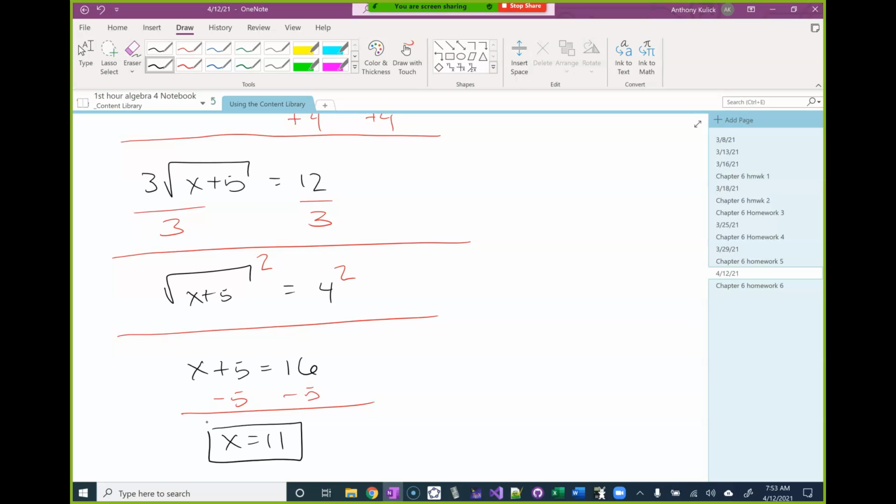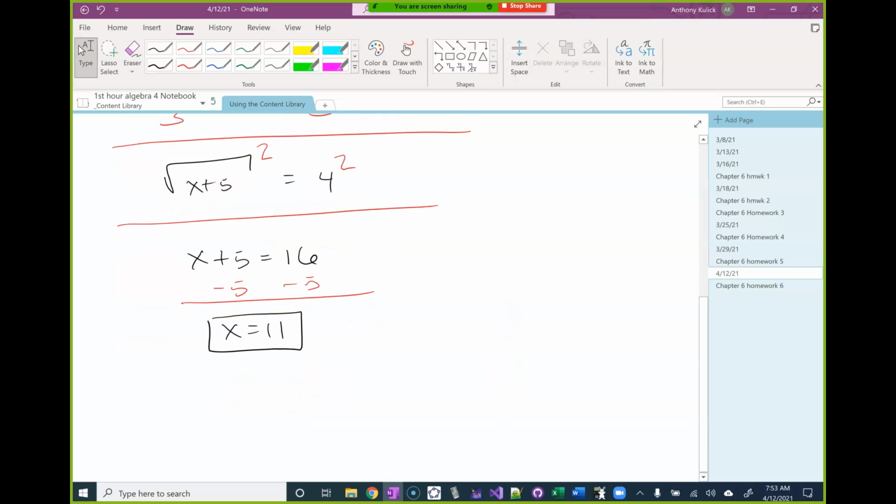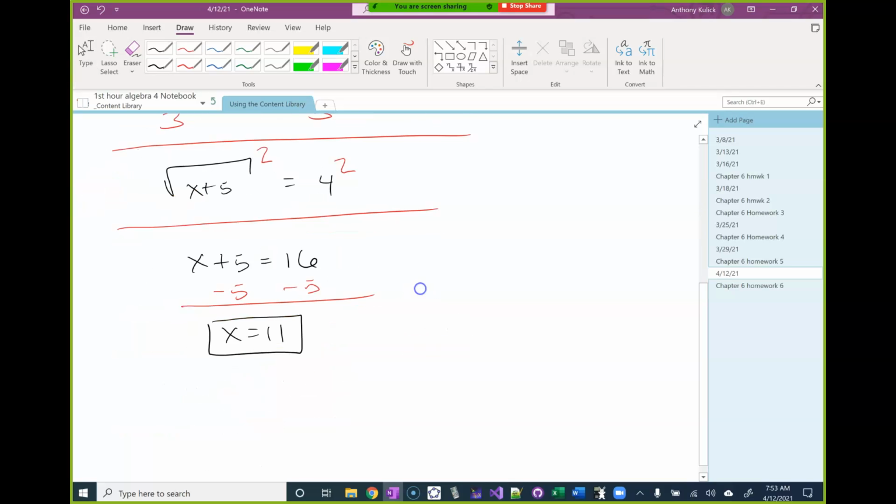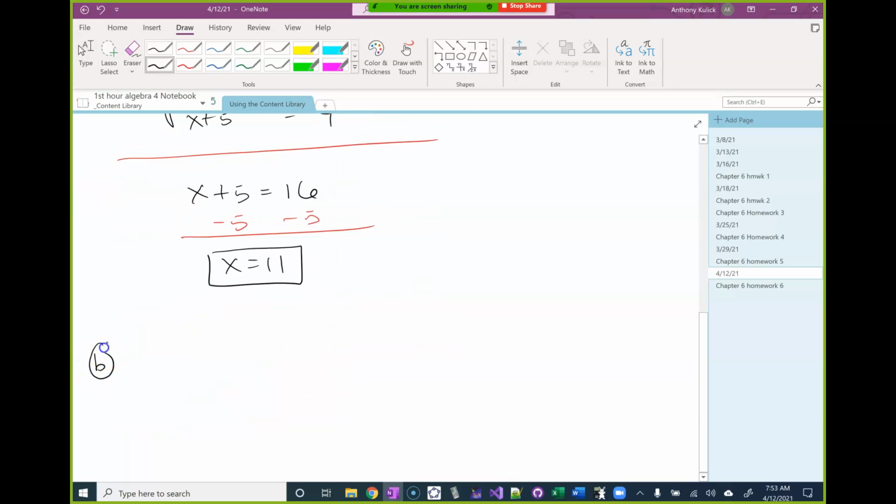This is the easiest version of this kind of a problem. Let's see how things change if we instead have a cube root.